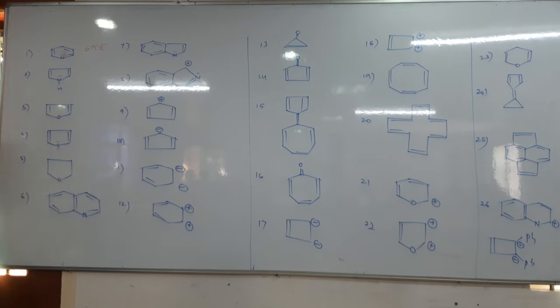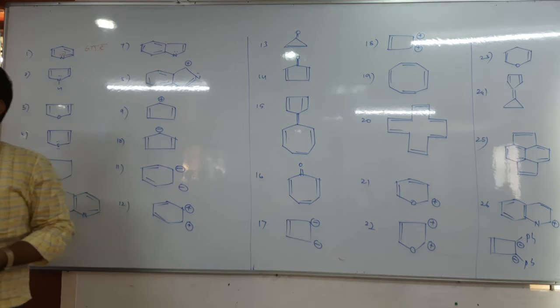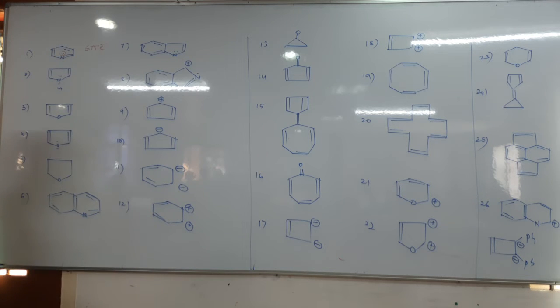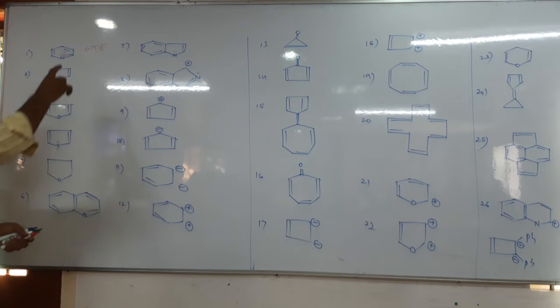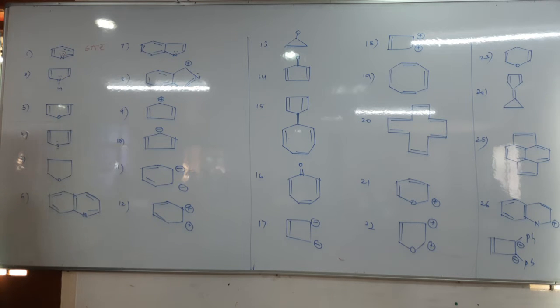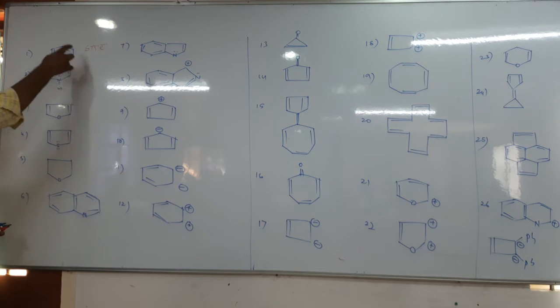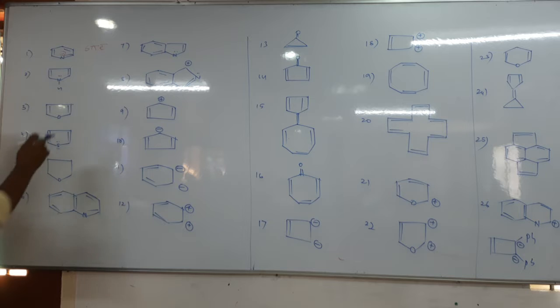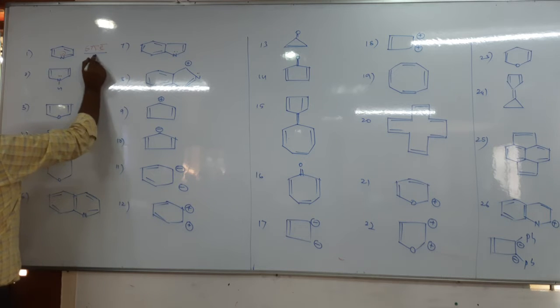They are localized. If this lone pair were involved in resonance, the total would become 8 electrons, and with 8 electrons it becomes anti-aromatic. In an anti-aromatic compound, electrons enter antibonding molecular orbitals, which is most unstable. That's why this lone pair is not involved in resonance, so it has 6 pi electrons and is aromatic.